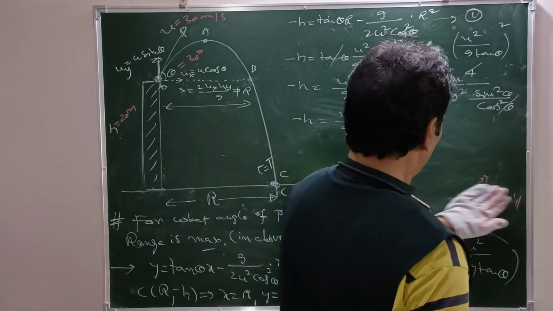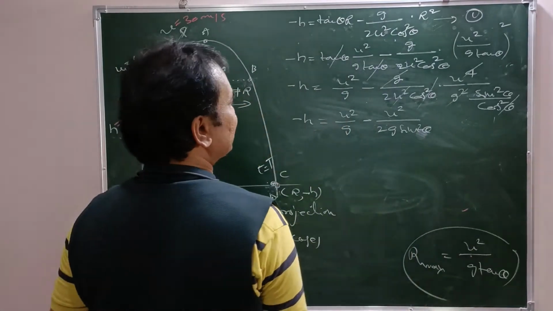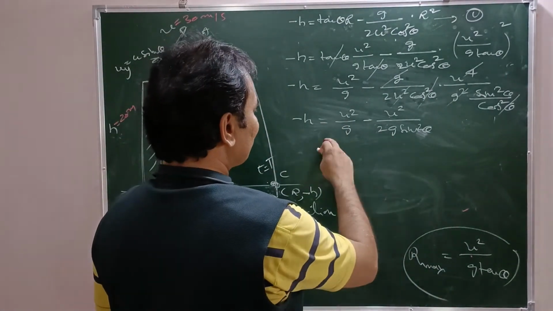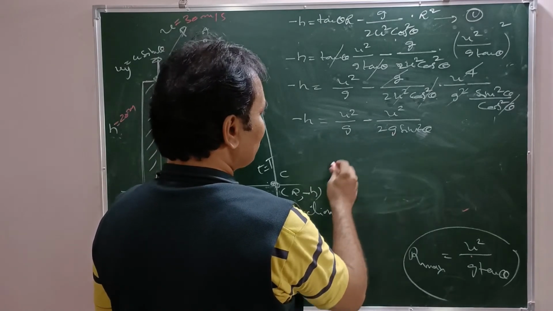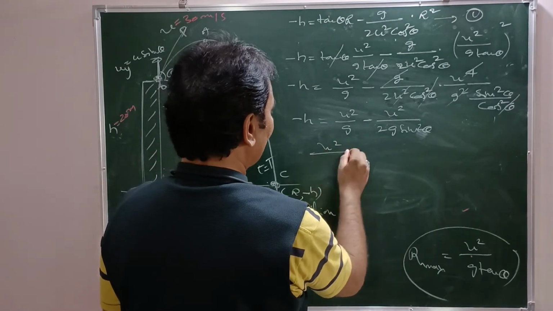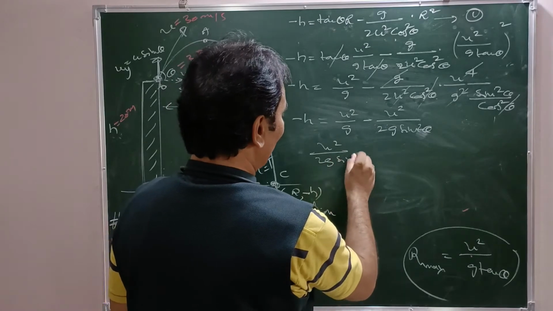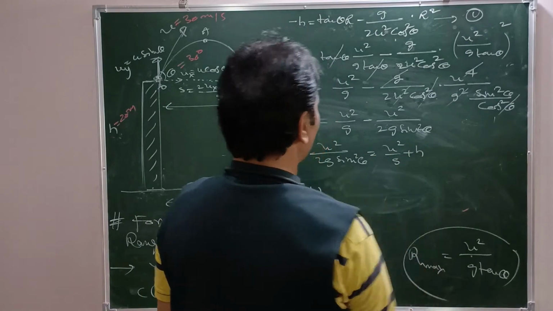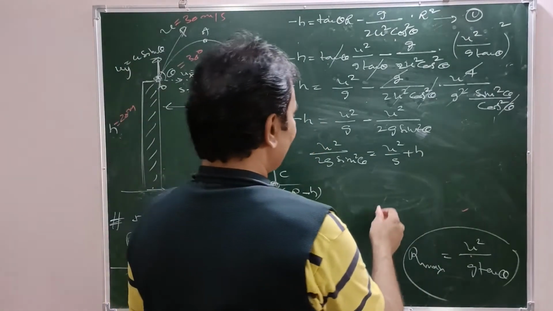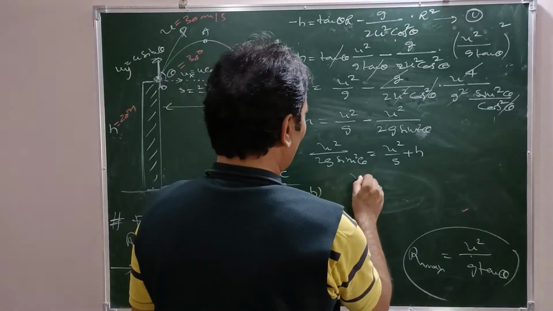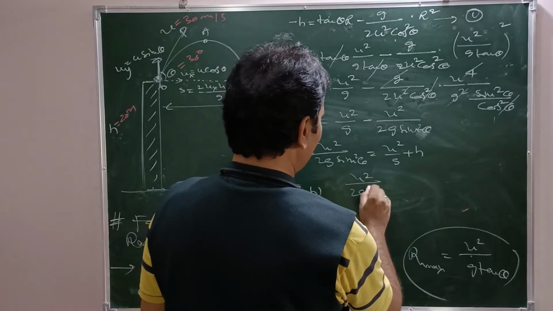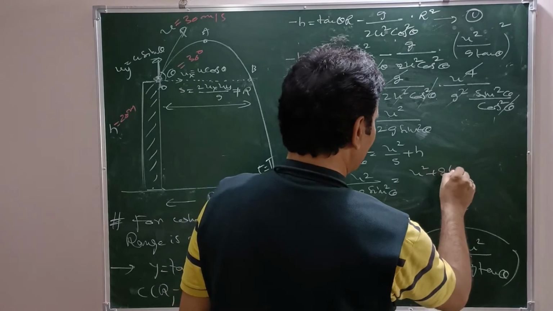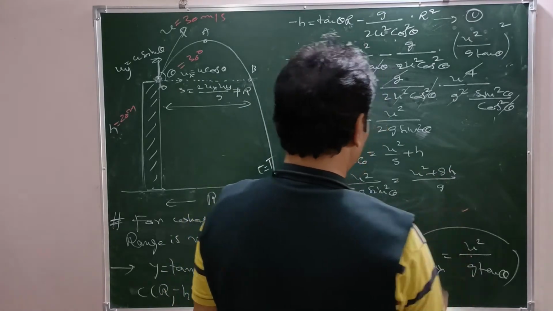Okay. Now on extending here, suppose we make u square by 2g sin square theta the subject: u square by 2g sin square theta equals u square by g plus h. That is u square by 2g sin square theta equals u square plus gh by g.